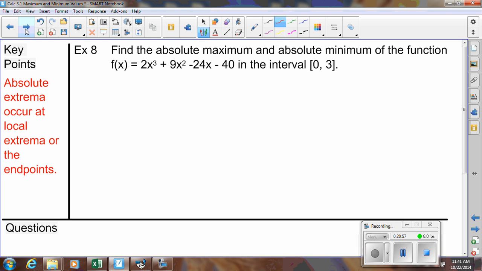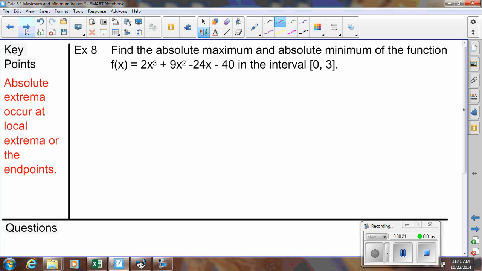Polynomials are continuous everywhere, so they're definitely continuous on this closed interval. What this tells us is our absolute extrema will only occur at the critical numbers or at the endpoints.